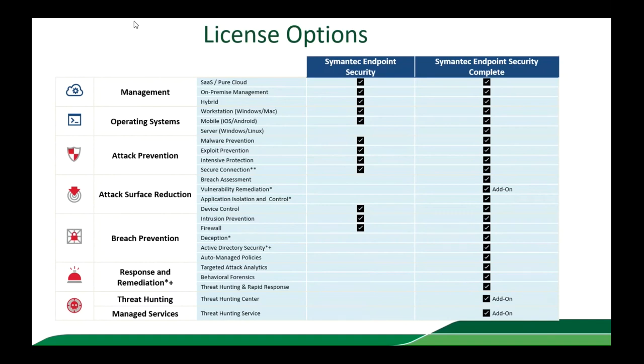So the biggest differentiator is endpoint detection and response. That is only done on SES Complete. Threat hunting services are only part of Endpoint Security Complete, and also managed services and breach detection. Those only happen on SES Complete.